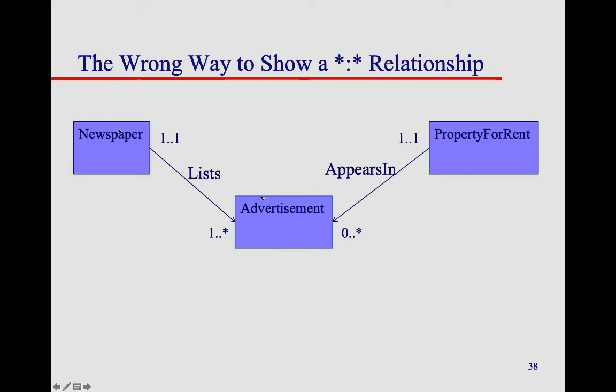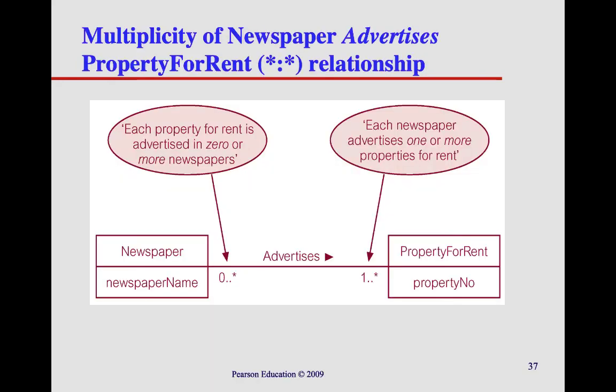And you will want to show it this way, as 2 binary relationships. A newspaper has advertisements and a property for rent appears in. But this is wrong. An advertisement is a relationship between the 2 and should be shown this way in the ER diagram.